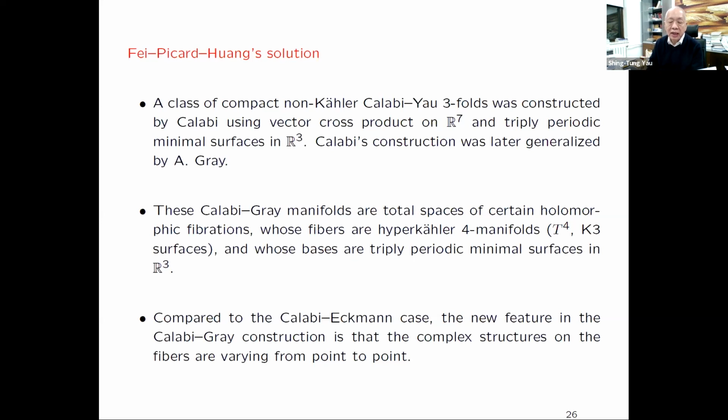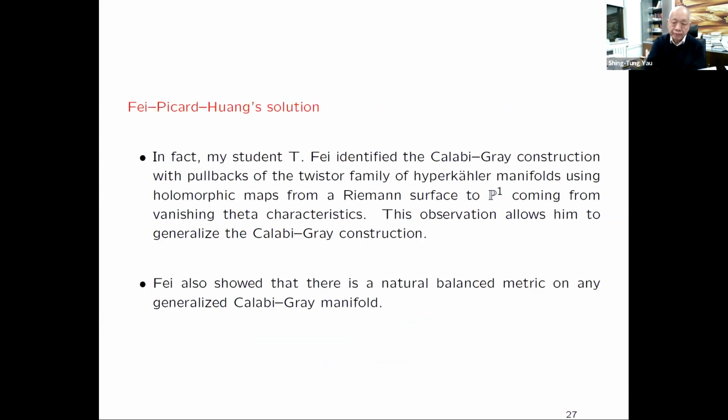In this case, which is different from what I did with Fu, the fiber is now changing. The complex structures on the fiber are changing from point to point, but change in a reasonable, nice manner. So my student Fei, as I mentioned, was using it in his thesis to identify the Calabi-Gray construction by pulling back the twistor family of the hyperkähler manifold using a holomorphic map from a Riemann surface to P1 coming from vanishing theta characteristics.